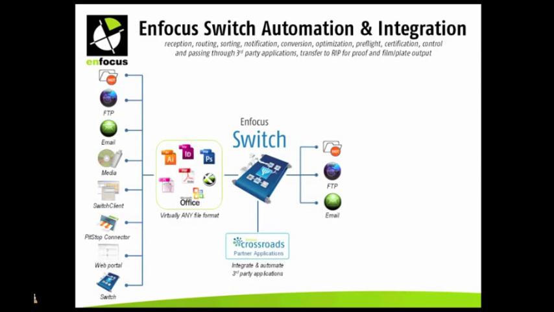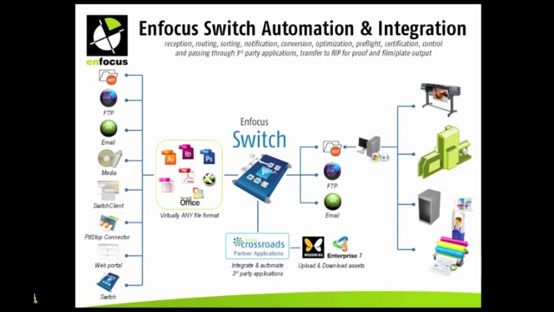If a user wants to automate third-party applications, then the user can obtain applications from what we call our Crossroads partners. Those are partners that work very closely with us in making it possible to drive their applications through Switch configurators. And what we are going to demonstrate today is actually the integration from Switch to the Enterprise server and back again via the upload and download of assets.